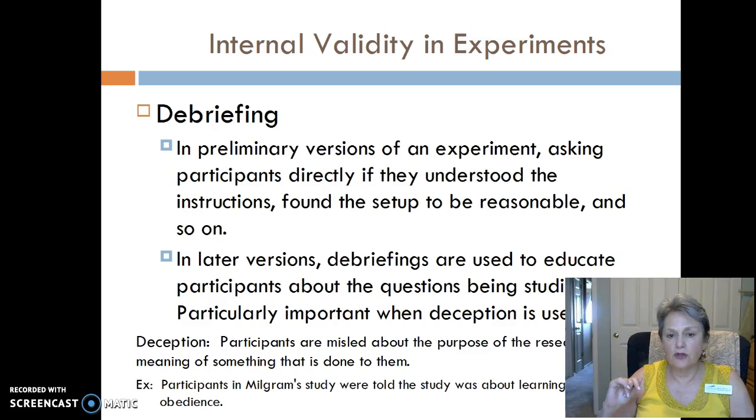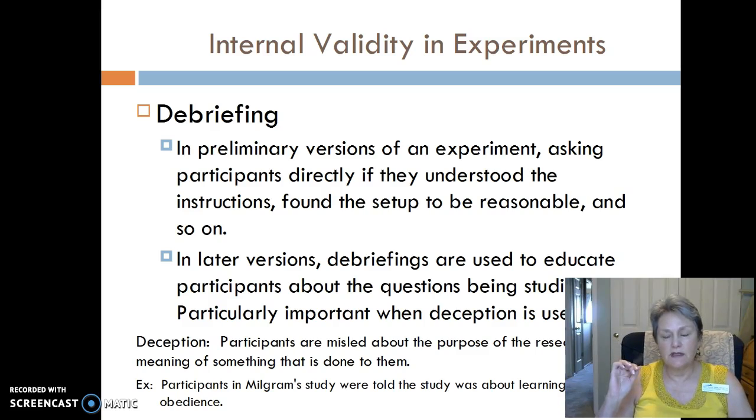And in later versions, after the experiment is solidified and results are in, debriefing is about educating the participants about what the question actually being studied was. And sometimes participants know that because they're told that through informed consent before they even start the study.